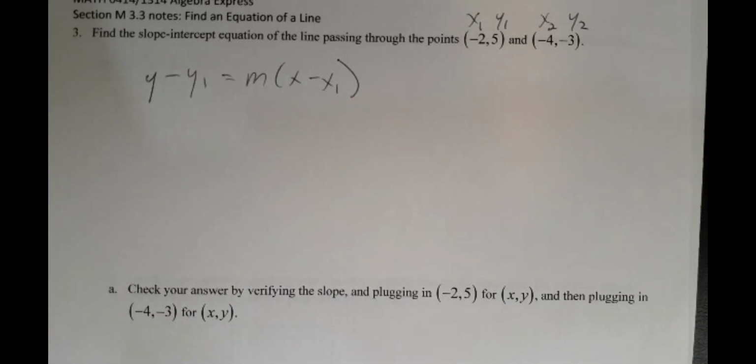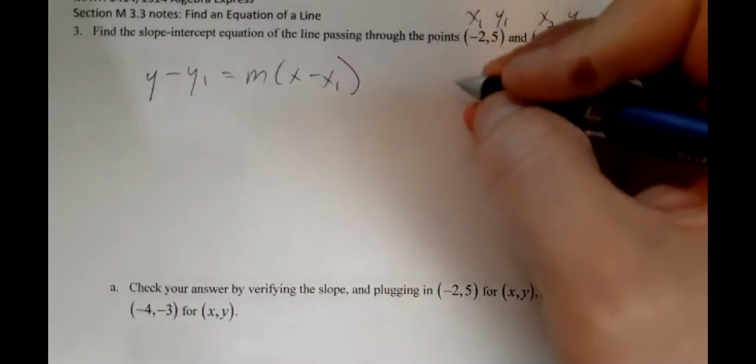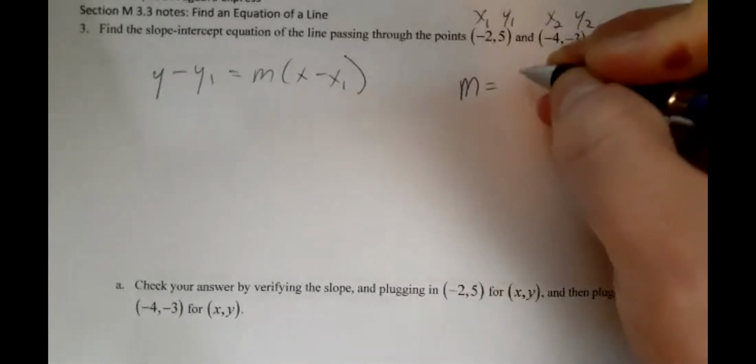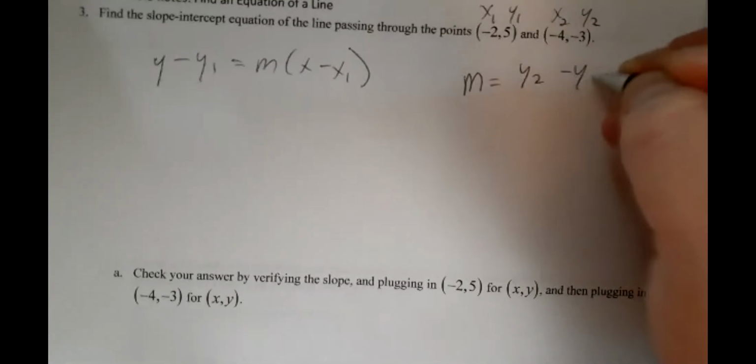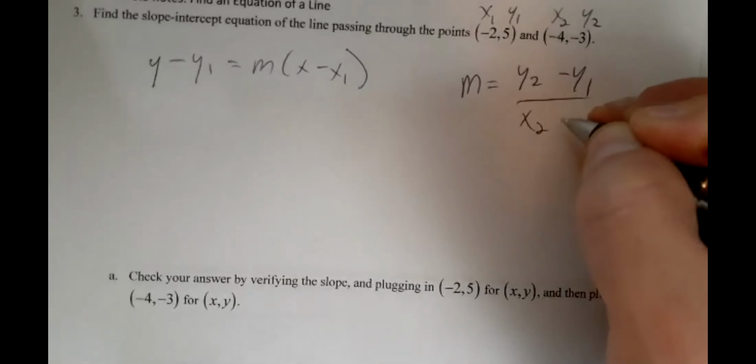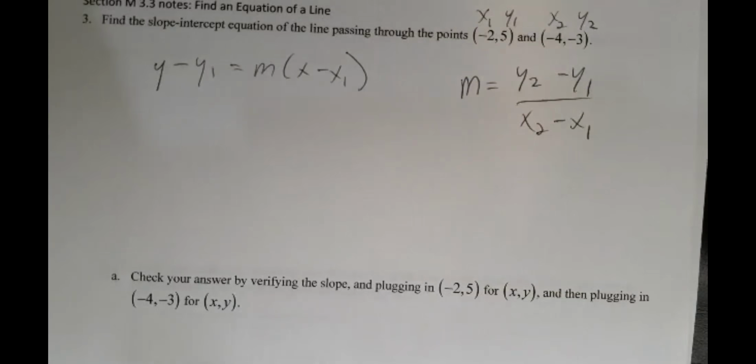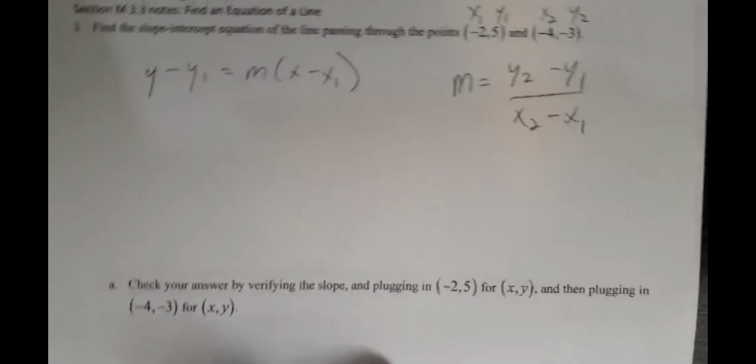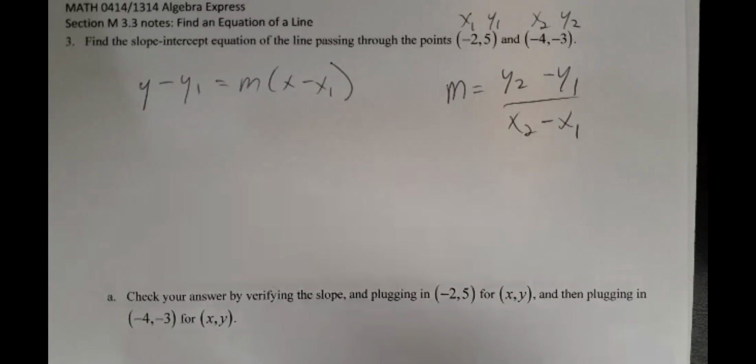This is going to be probably the most work that we have to do in this section for finding an equation of a line. They will give you 2 points. If they give you 2 points, the first thing you should do, we need slope for either one we're using. If you don't have a slope, finding the slope should be the first step.